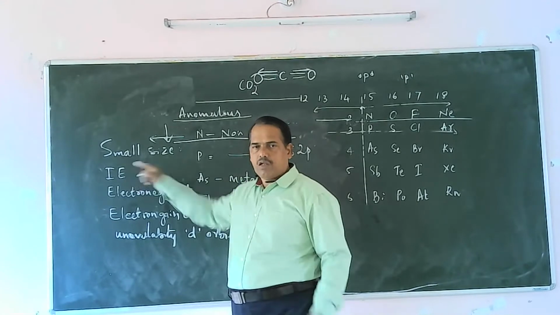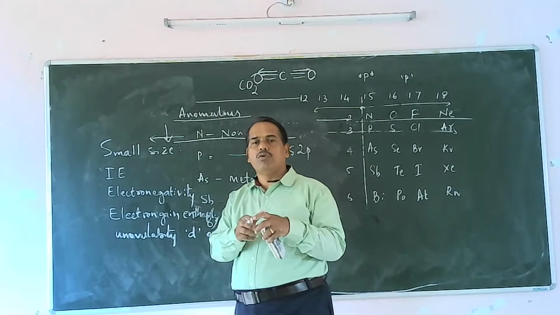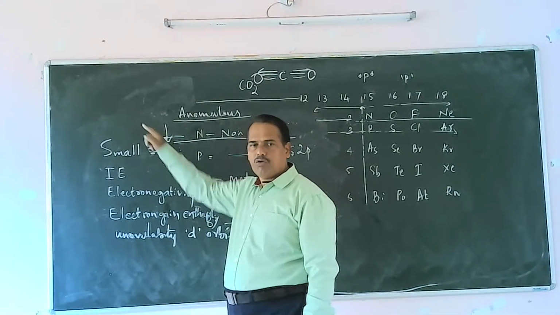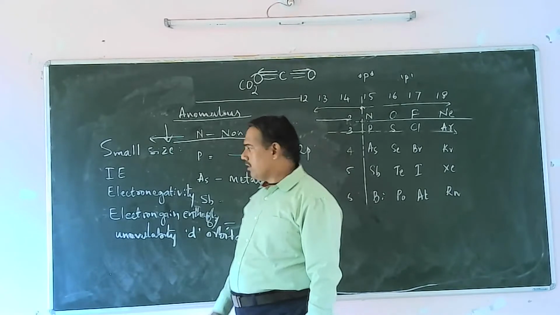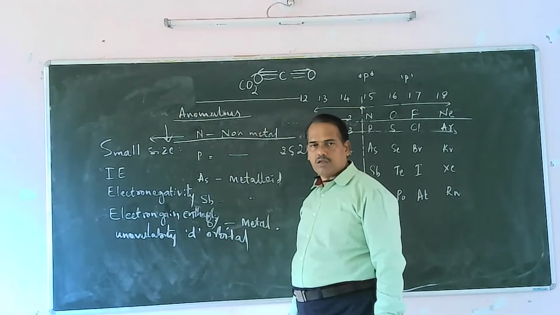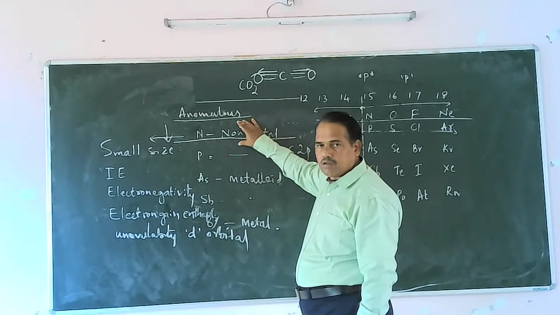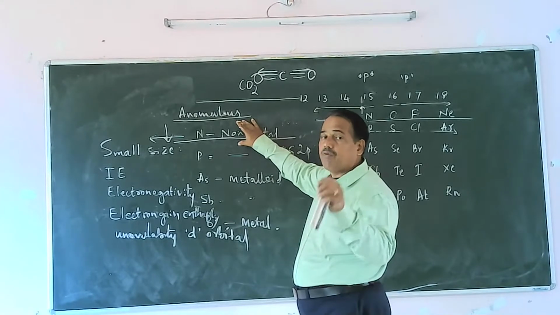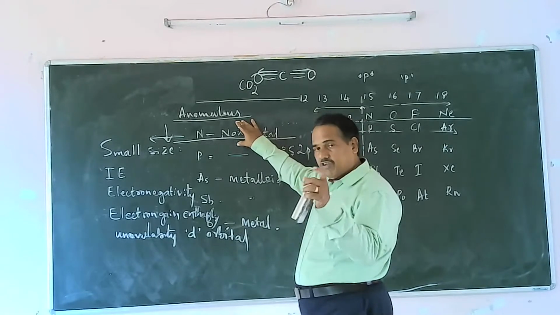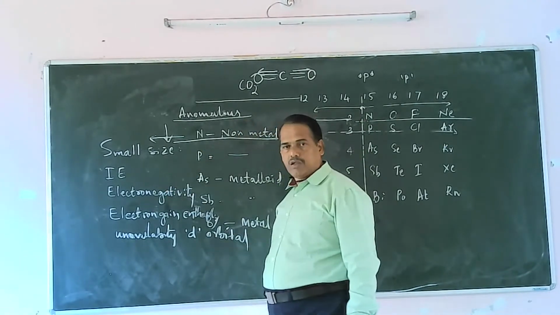As the size is small, electrons are tightly held towards the nucleus. It is very difficult to remove an electron, so its ionization enthalpy is more. Due to the large ionization enthalpy, it behaves as a non-metal. What are the criteria for a non-metal? It must have small size, high ionization enthalpy, and electronegativity.